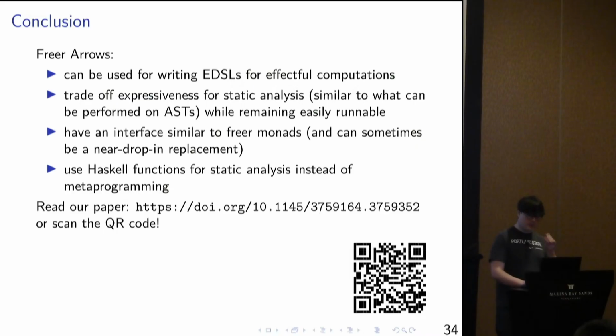The version that we propose is normalizing, so the events are in kind of a list more than a tree. They have an interface similar to freer monads, and you can sometimes use them as a nearly drop-in replacement. And you can use Haskell functions for static analysis instead of needing any metaprogramming or GHC plugins or anything like that.